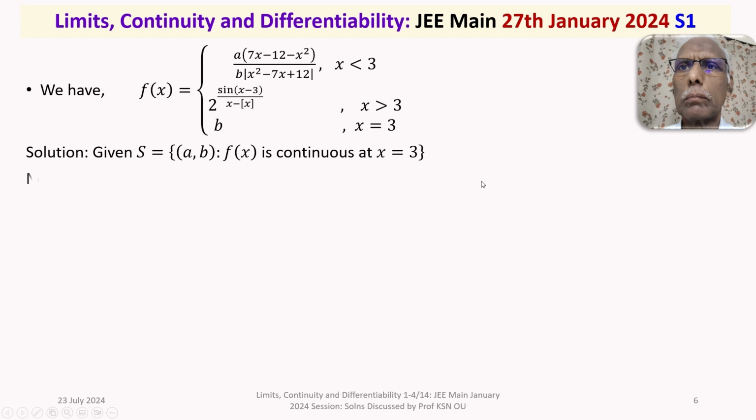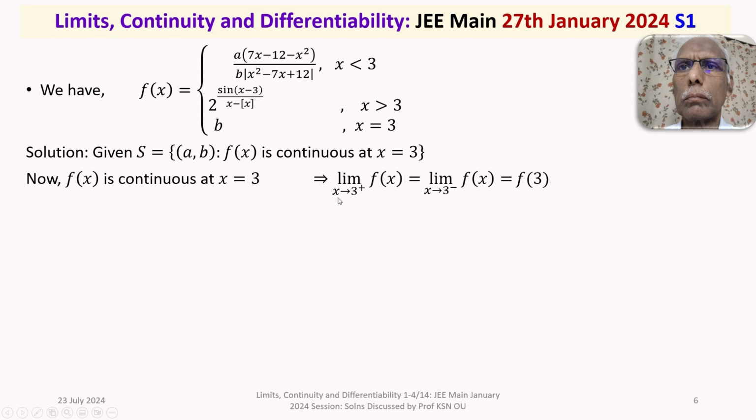Now, f of x is continuous at x equal to 3 if and only if the limit as x tends to 3 plus of f of x is equal to the limit as x tends to 3 minus of f of x, which is equal to f of 3. That is, the left limit is equal to the right limit, which is equal to the value at x equal to 3.